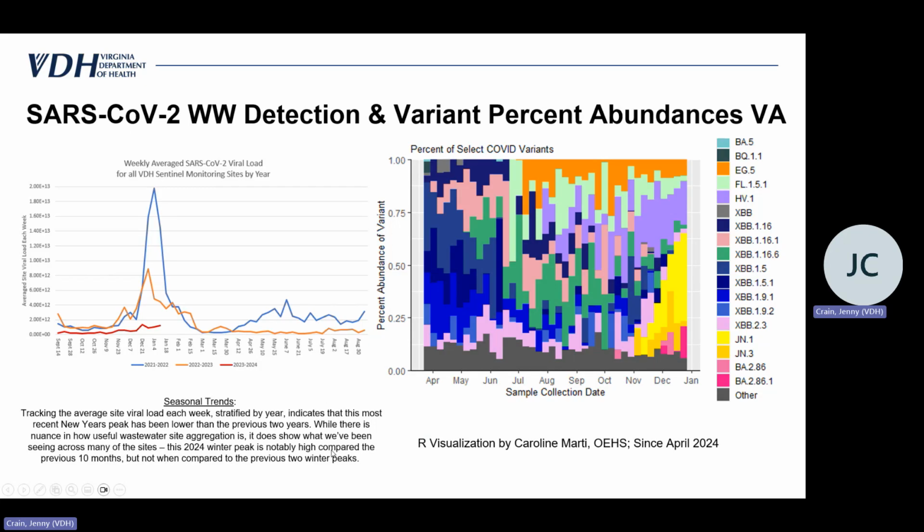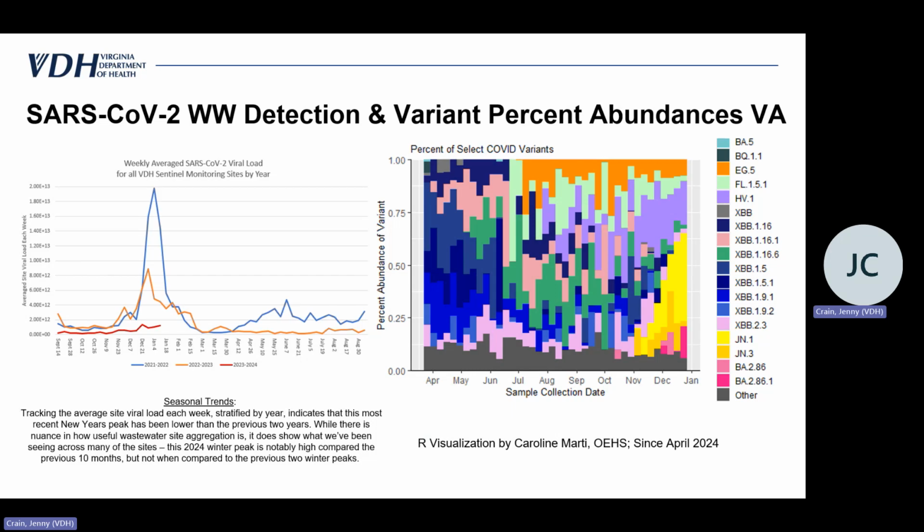This is a slide that contains some information put together by our Office of Environmental Health. We have a Virginia wastewater monitoring program that is still very active in working with outside wastewater treatment plants, outside in terms of not state-run, but publicly funded and run. All of those partners are still actively participating in forwarding wastewater samples to our state public health lab for sequencing, and our state lab supports this.